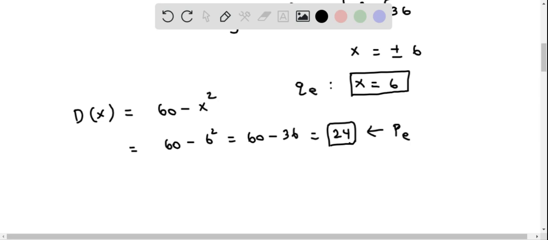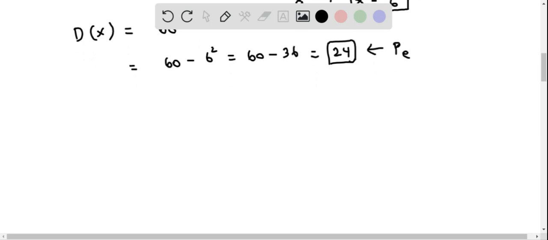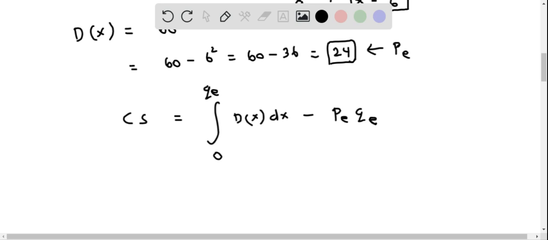So now that we have determined the equilibrium quantity and equilibrium price, we can write the formula to determine the consumer surplus. The consumer surplus is given by the formula CS equals the integral from 0 to QE, that is the equilibrium quantity, of the demand function d of x, dx, minus PE, the equilibrium price, times the equilibrium quantity.